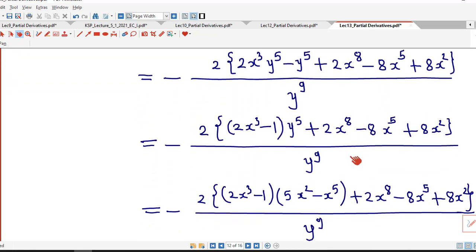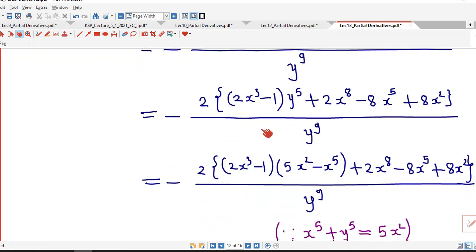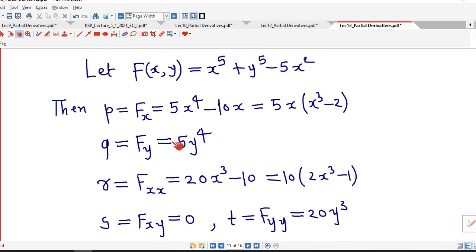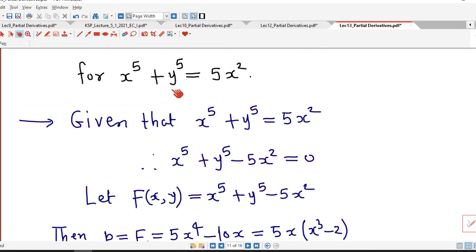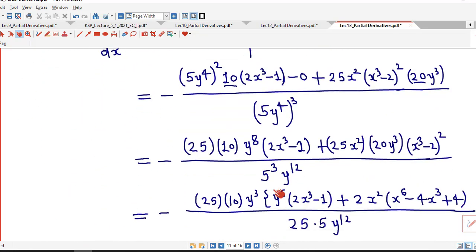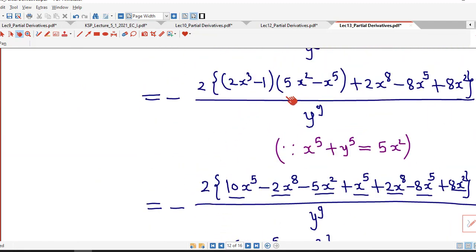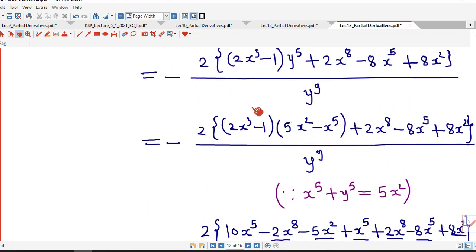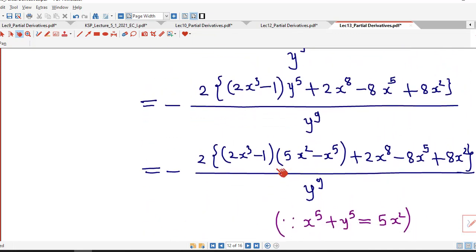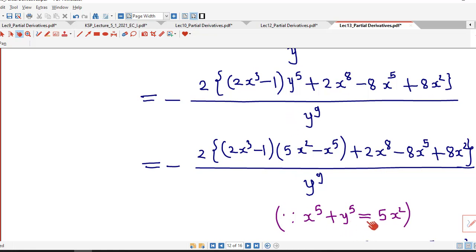Now we observe the given equation: x raised to 5 plus y raised to 5 equals 5x square. So therefore y raised to 5 is nothing but 5x square minus x raised to 5. So we put y raised to 5 equal to 5x square minus x raised to 5 in this term using the given equation, and we keep the other terms as it is.